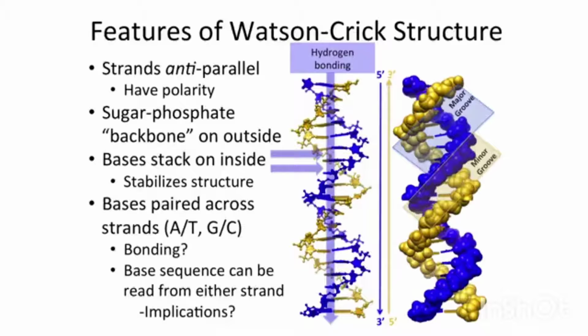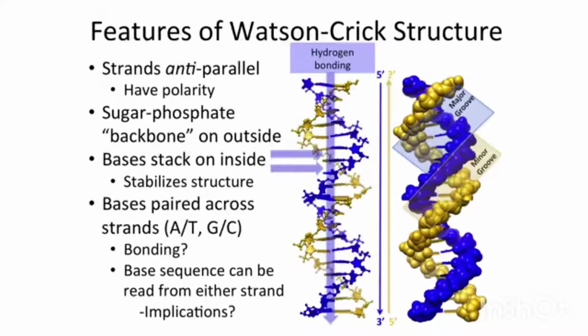Here's another view of DNA where you can see the sugar-phosphate backbone on the outside, the bases stacked on the inside to stabilize the structure, and you can see the hydrogen-bonded pairs listed at the center. The base pairing, G with C, A with T, keeps the diameter uniform as you add length to the structure, because a purine is pairing with a pyrimidine.